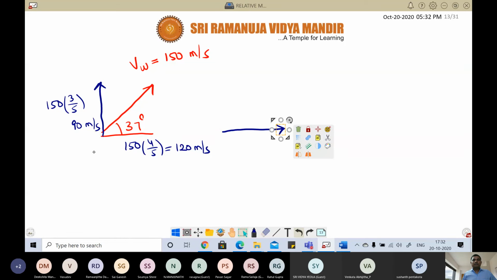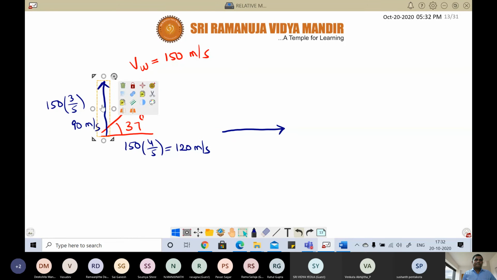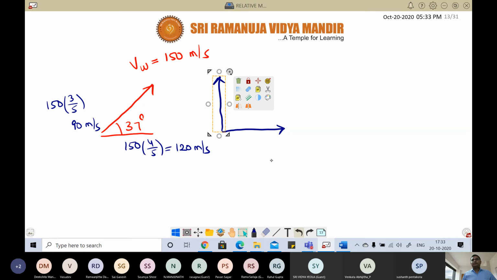This is the x component and this is the y component. This is 120 and this is 90. This is the wind's effort. Wind in the x direction is this much and in the y direction is this much.